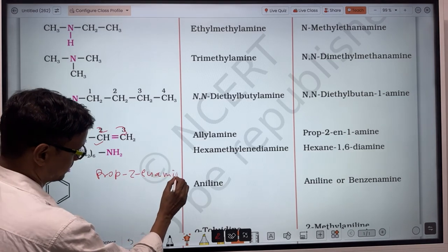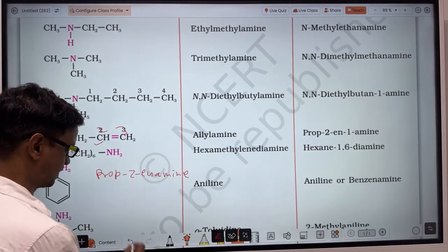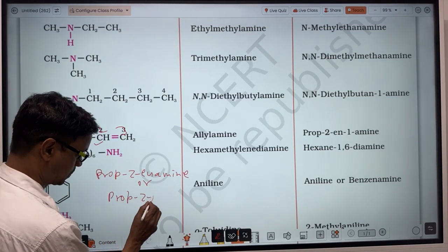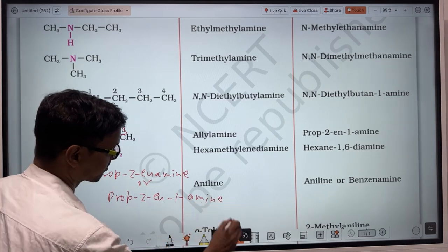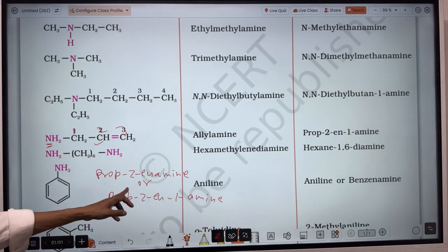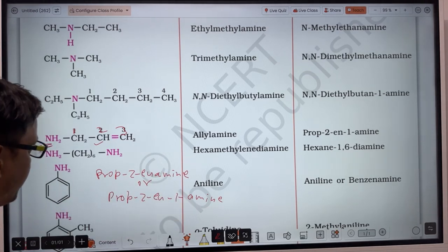So that's why amine. So prop-2-en-amine, or you may write prop-2-en-1-amine. Whatever you would like to write, you write that. So the IUPAC name of this compound is prop-2-enamine or prop-2-en-1-amine.